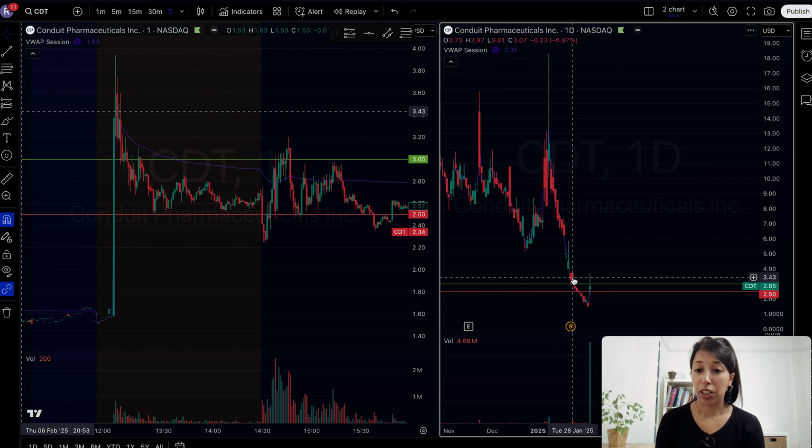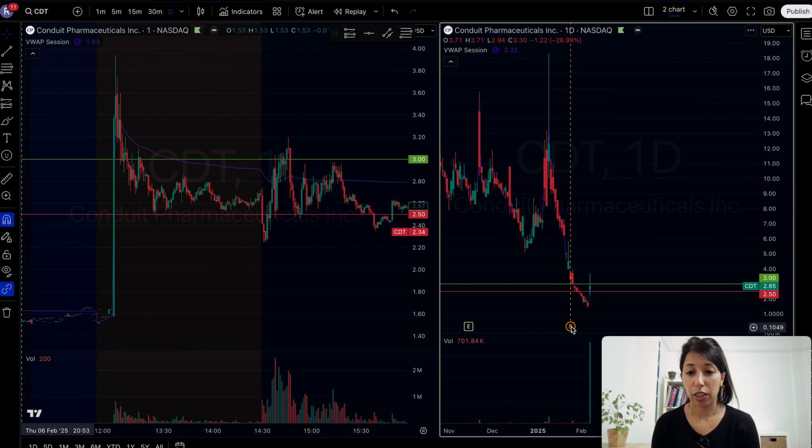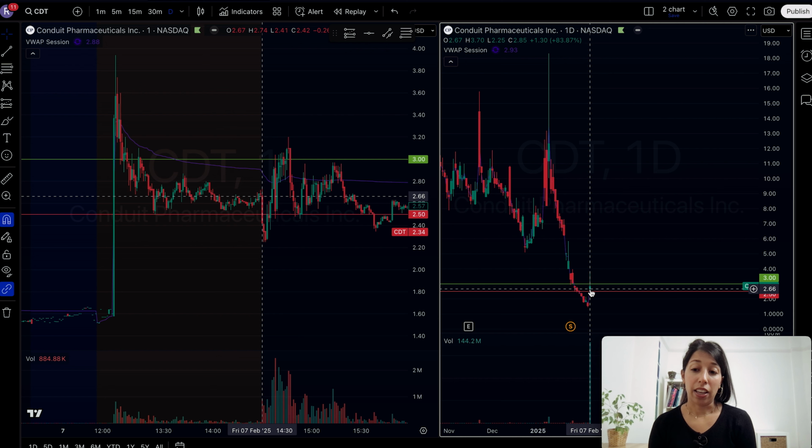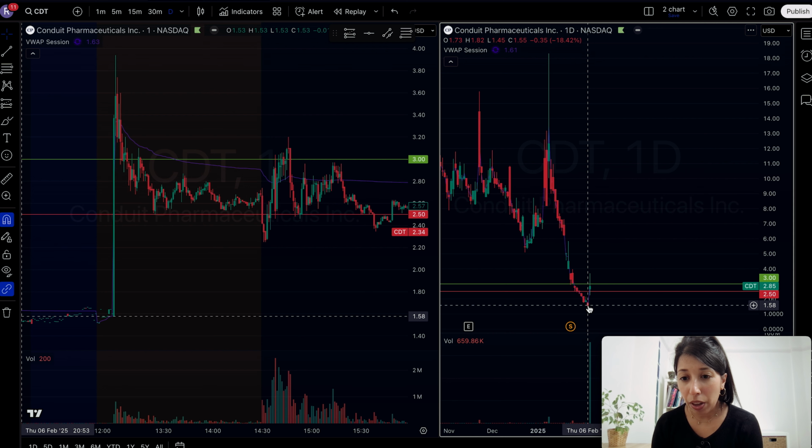So one of the things they do, as I said, is this thing called a reverse split, and they need to get the price over $1 consistently for 10 days. So you can see here, the day of this pump was day 10. So quite a significant day because the price before that closed at 1.58.